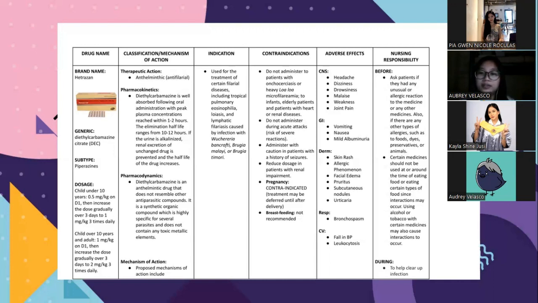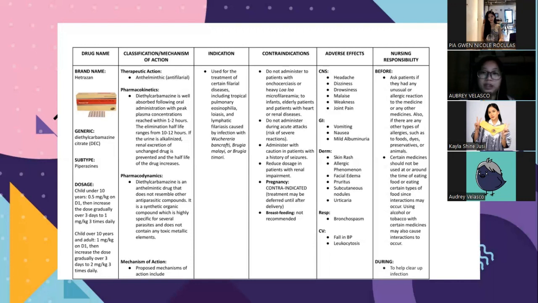For derm: skin rash, allergic phenomena such as facial edema, the swelling of our faces, pruritus, subcutaneous nodules, and urticaria. For respiratory: bronchospasm, problems with narrowing of the airways. For the cardiovascular system: falling of the blood pressure, and leukocytosis, an increased number of white blood cells due to infections.